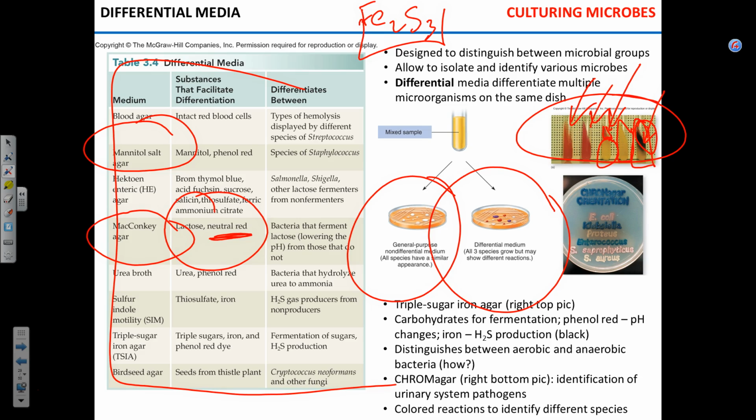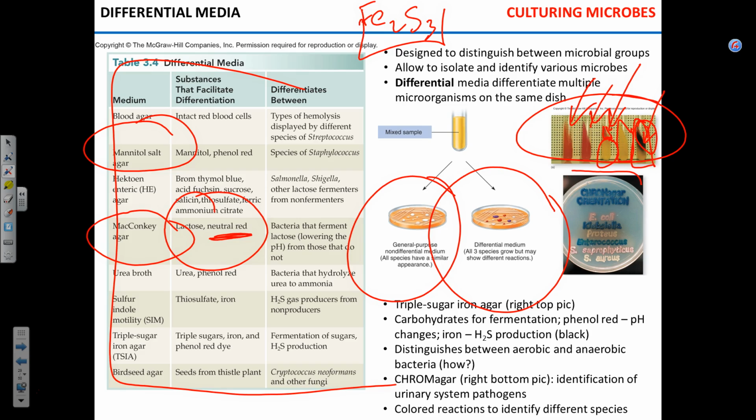Does that make sense? See, this medium gives you an idea of oxygen requirements, nutritional capacities, whether they will or will not use certain sugar, and ability to reduce sulfur. You can diagnose a whole lot of microbes using the approach of differential medium.